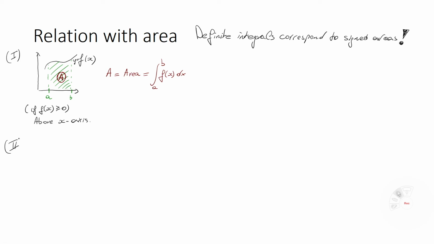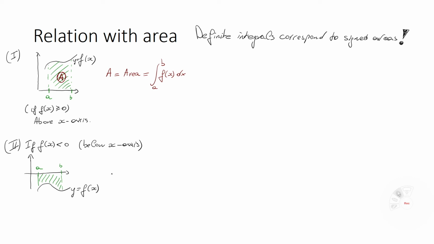So now what happens if f of x is less than 0, so if it's below the x-axis? In this case we have a function that looks maybe a little bit like this, and we have two points A and B. Then we know that areas are always positive.